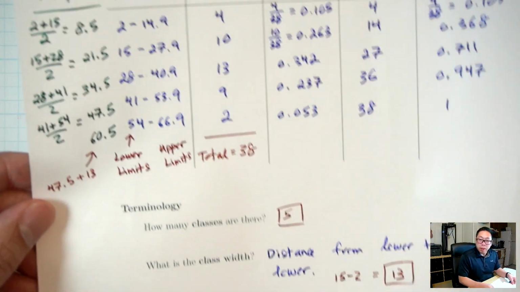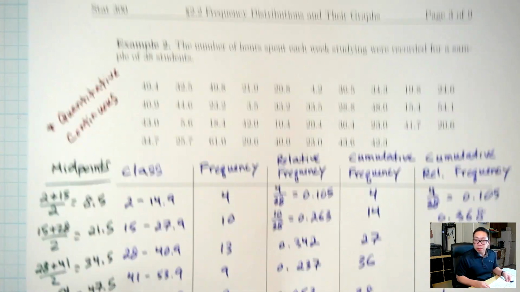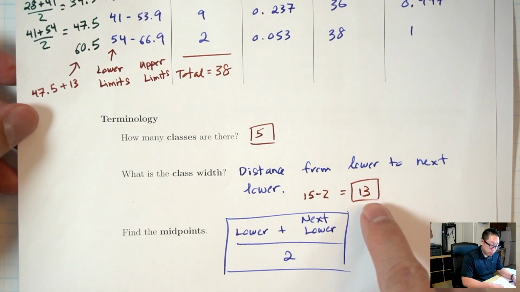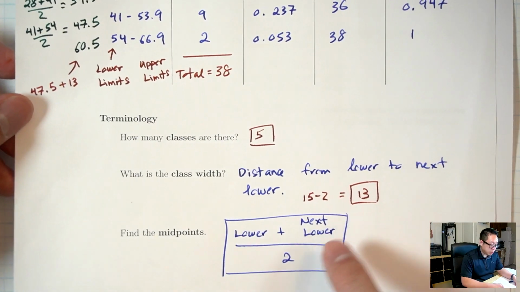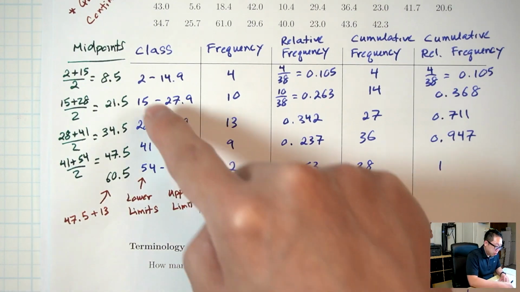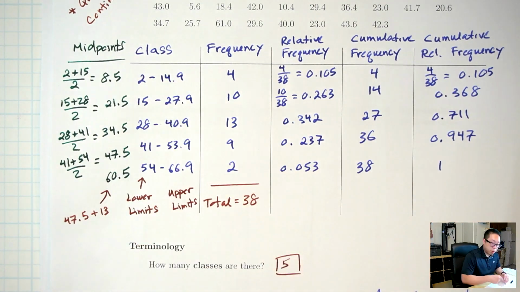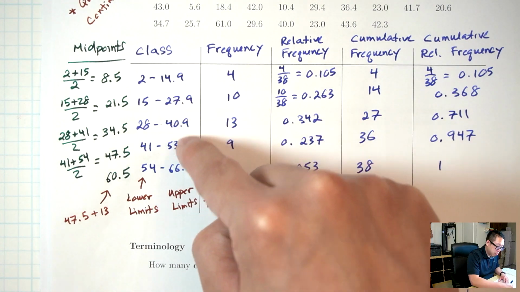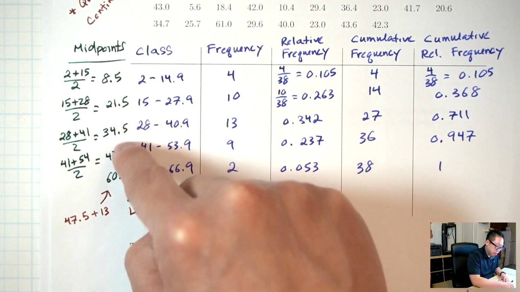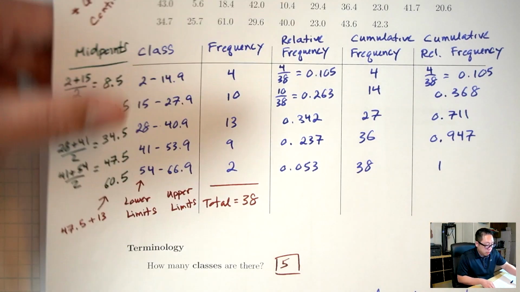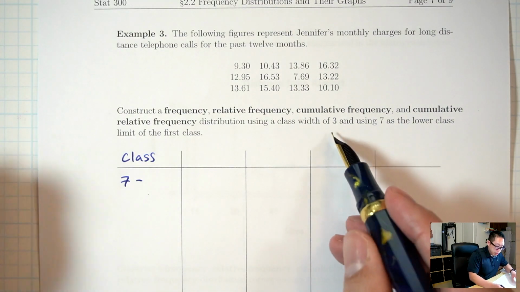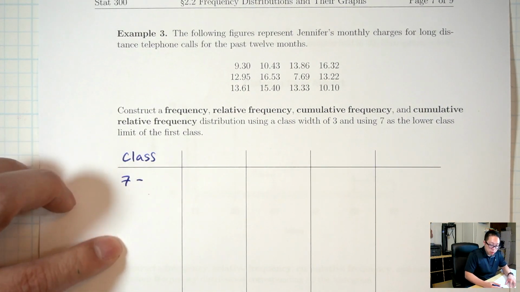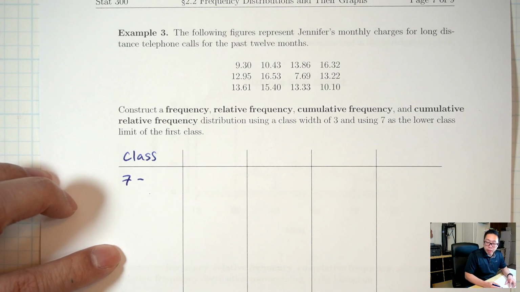In my previous example, example 2, the class width was 13. And 13 is telling you what all these numbers are going up by. The lowers are going up by 13, the uppers are going up by 13, the midpoints are going up by 13. So a class width of 3 is telling me that the lowers should go up by 3.